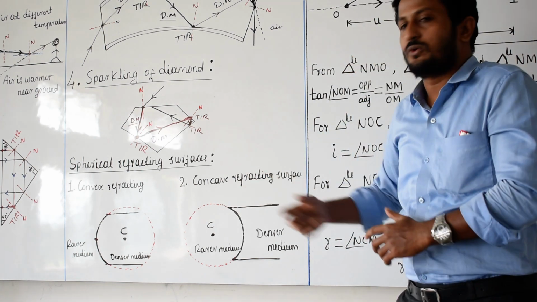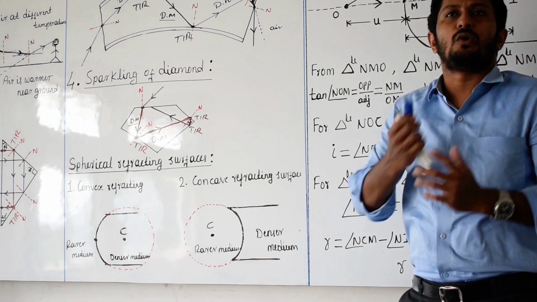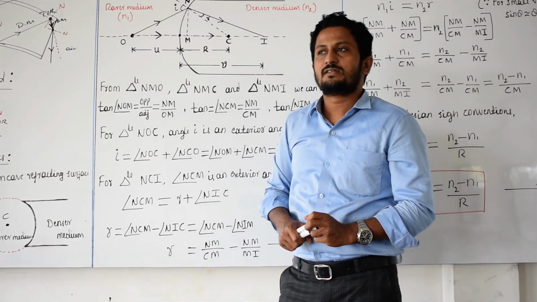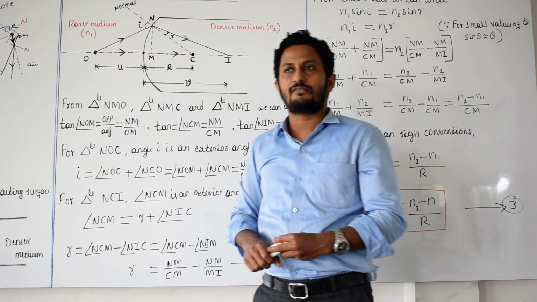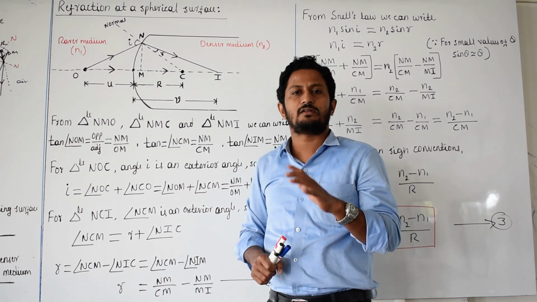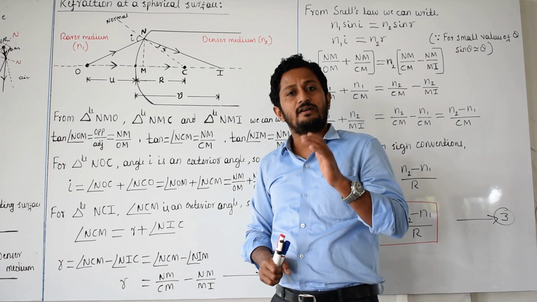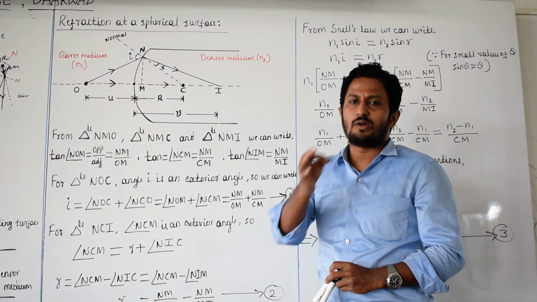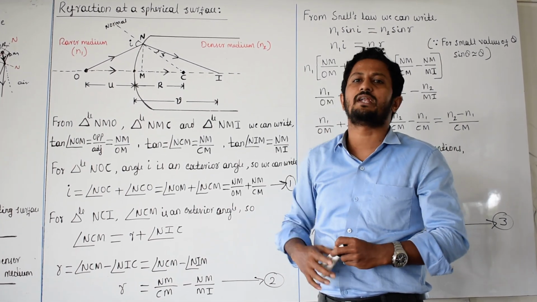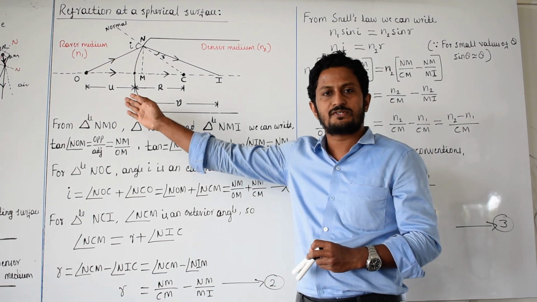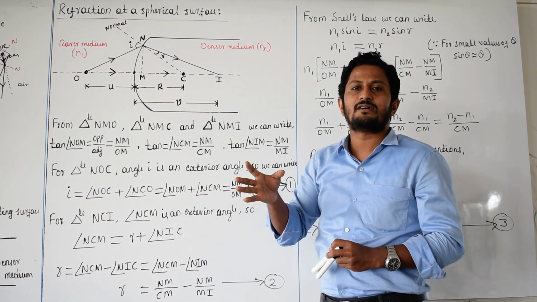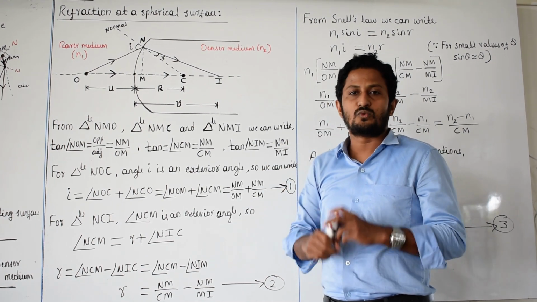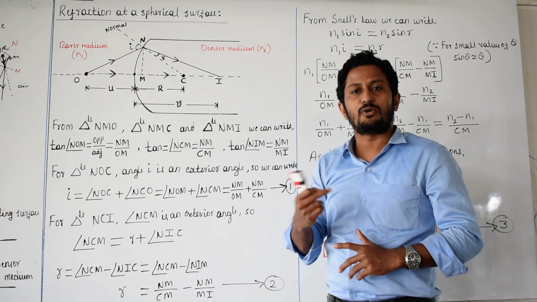Okay. So now there are two different types: convex refracting surface and concave refracting surface. After seeing those two, now here there is a very important derivation. Here we are going to derive one expression which is going to relate the object distance, image distance, and the refractive index of the medium through which the light ray is moving to produce the image.